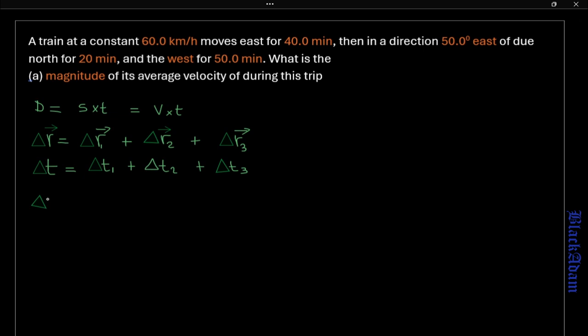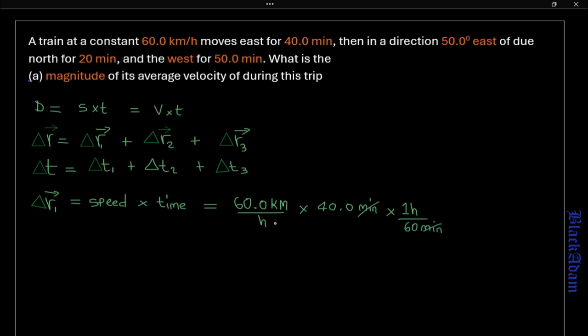Alright, then from there we know that change in displacement 1 is going to be speed, that's a velocity, multiplied by time. Our speed is 60 km per hour, and our time is 40 minutes. So we're converting it into hours, multiplying by 1 hour over 60 minutes.